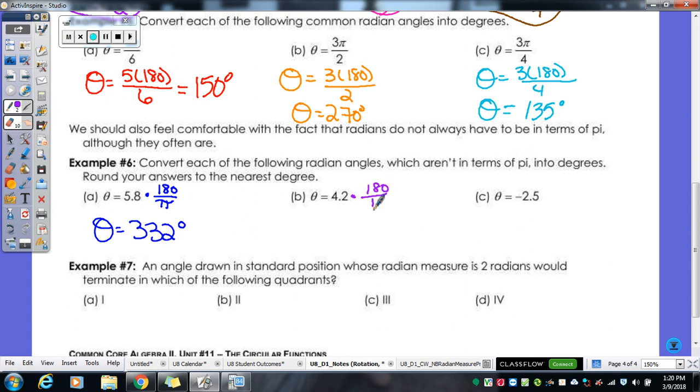Instead of like a 0.5, you round up. So 4.2 radians would be what in degrees? 241 degrees.